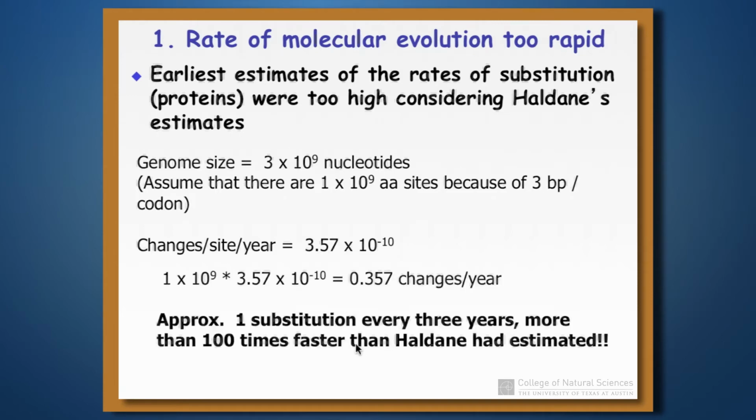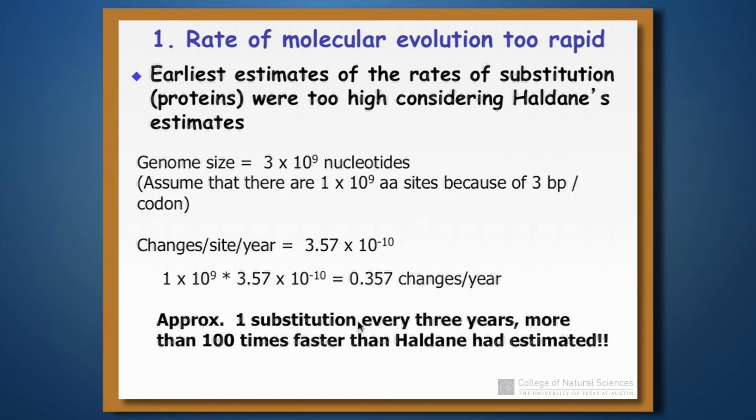Because if there are 1 billion sites, and we multiply that 1 billion amino acid sites times the average rate of change per site per year, it means that on average, over 1/3 of a site changes per year. Another way of putting this would be to say that it takes less than 3 years for one site to be substituted somewhere in the genome for another amino acid.